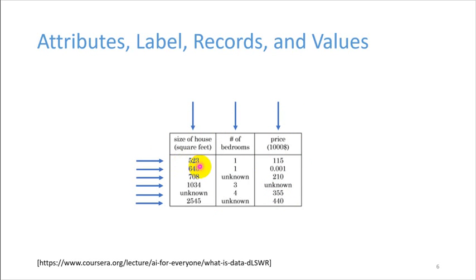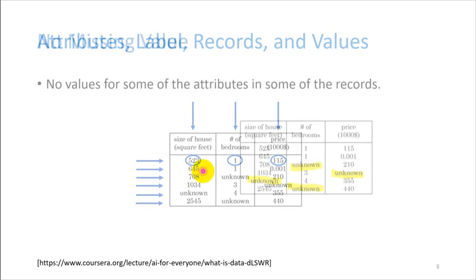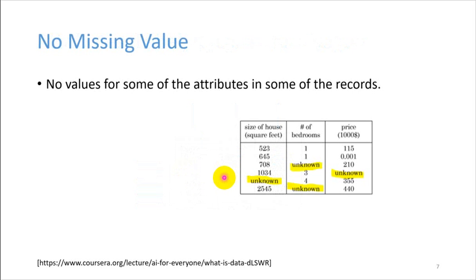That can be for different individuals or for different cases, for example. And the values for every one of these records, which can be numerical or categorical, are called our values.